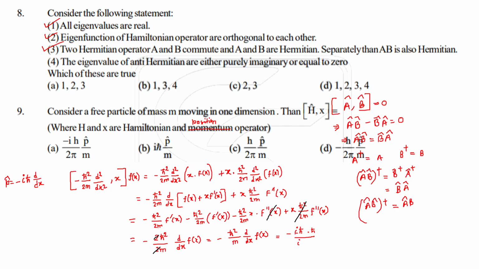If I have to introduce i in the numerator, then I have to multiply in the denominator also. I'm keeping d by dx, f of x as it is. So these are the tricks that we are doing.